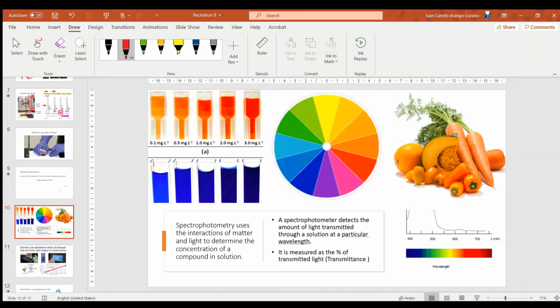So, as I mentioned, the spectrophotometer detects the amount of light transmitted through a solution at a particular wavelength. So you care about the wavelength and the amount of light that is absorbed at that specific wavelength. And that's basically what we will be looking for.